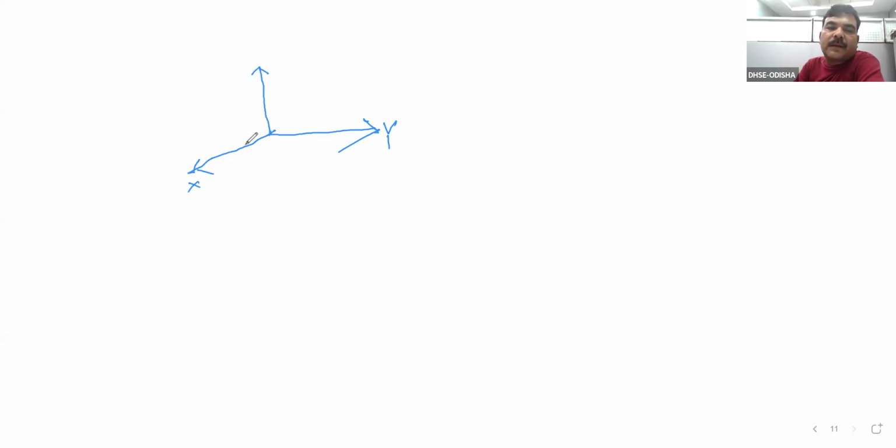So the unit vector along the direction of x-axis is I cap. The unit vector along the direction of y-axis is J cap. And the unit vector in the direction of z-axis is K cap. This is I, J, this is K.